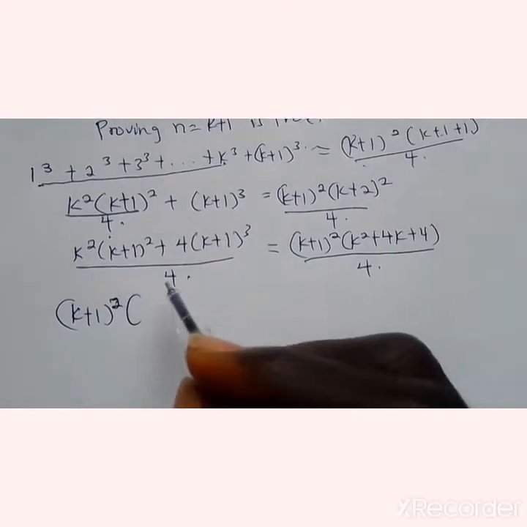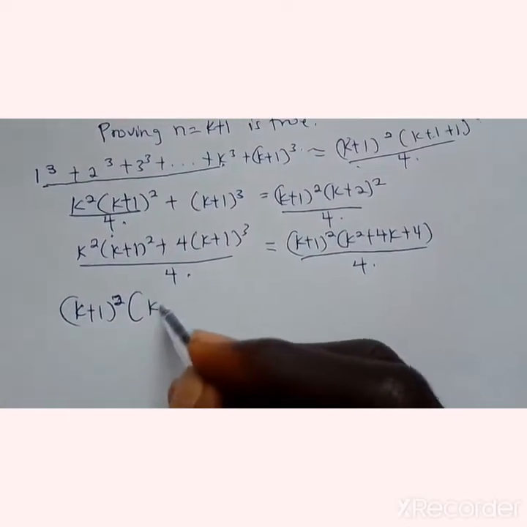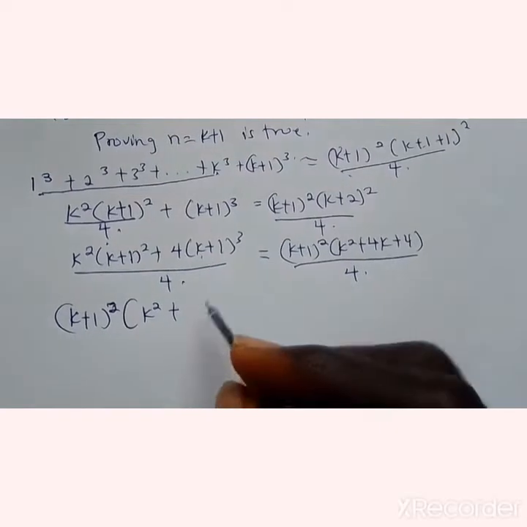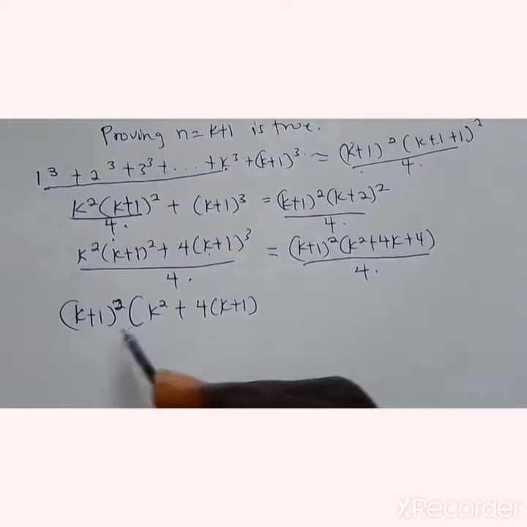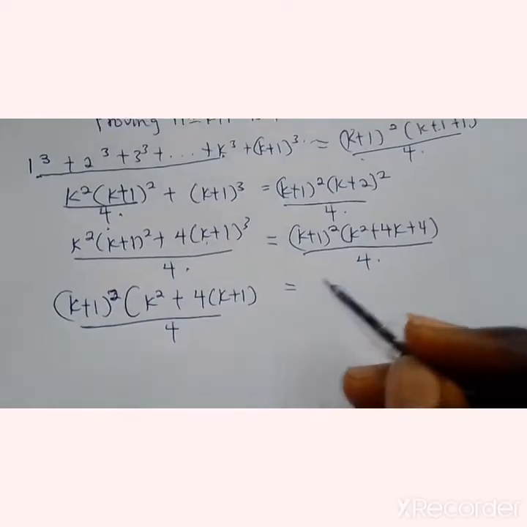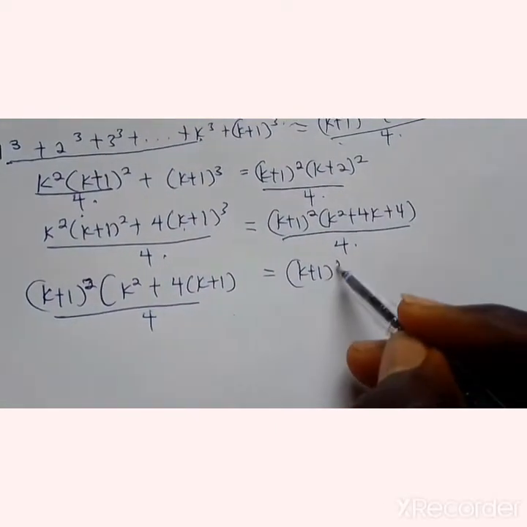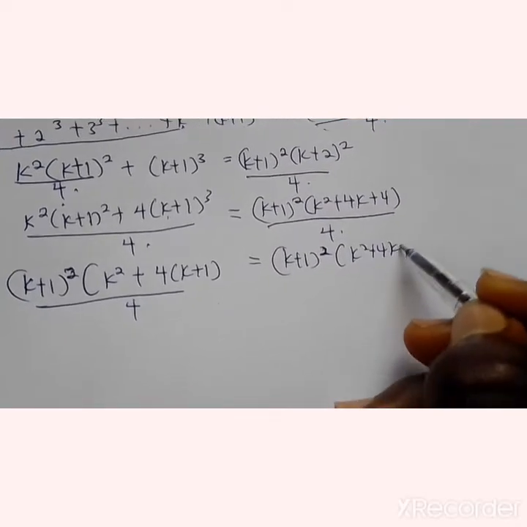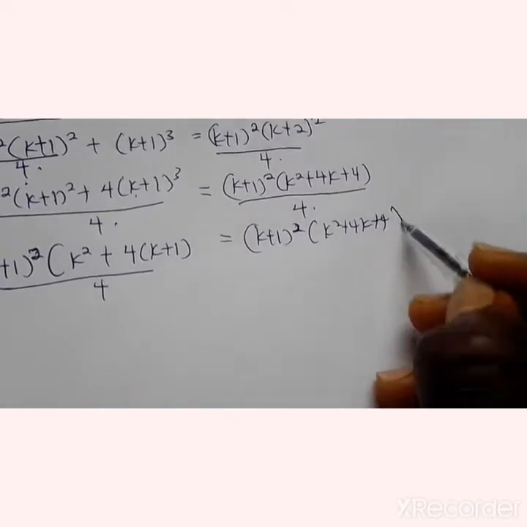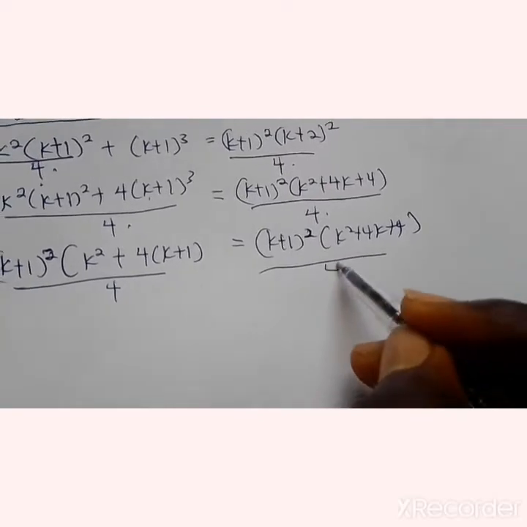Then here I'll be left with k squared plus 4(k plus 1), all this over 4, which is the same as (k plus 1) all squared multiplying (k squared plus 4k plus 4) all over 4.